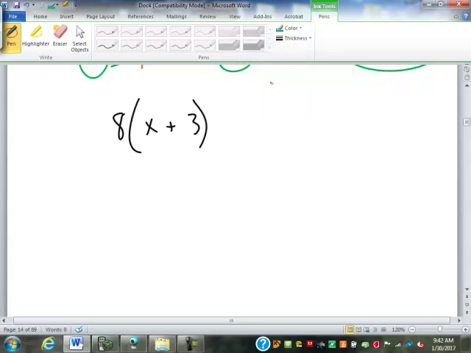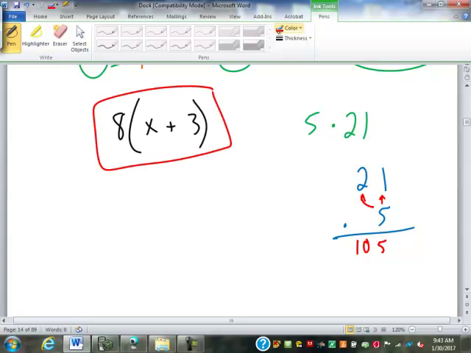This, believe it or not, is no different than having 5 times 21. Because what it's asking me to do here is take 21 times 5, and then I do 5 times 1 is 5, 5 times 2 is 10, so 0 carry the 1. This can be done by exactly the same process.